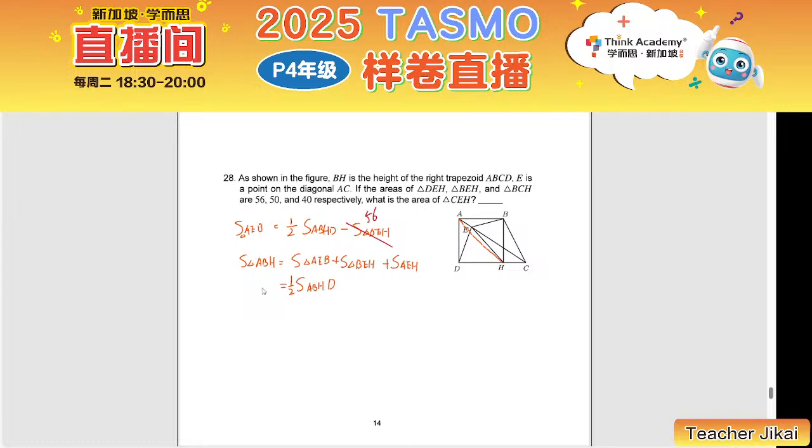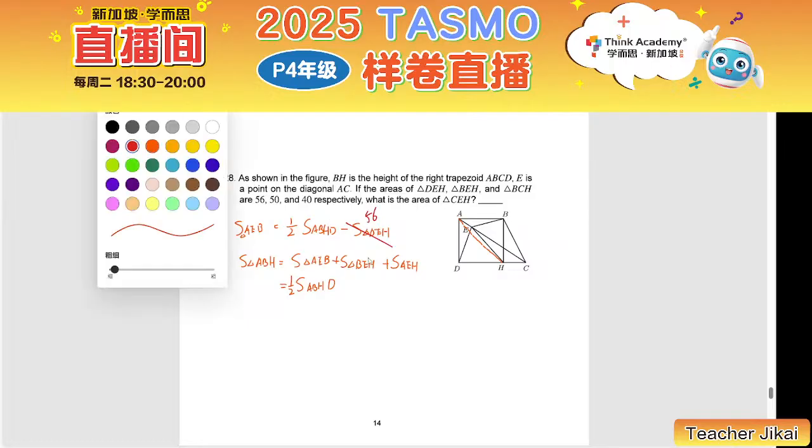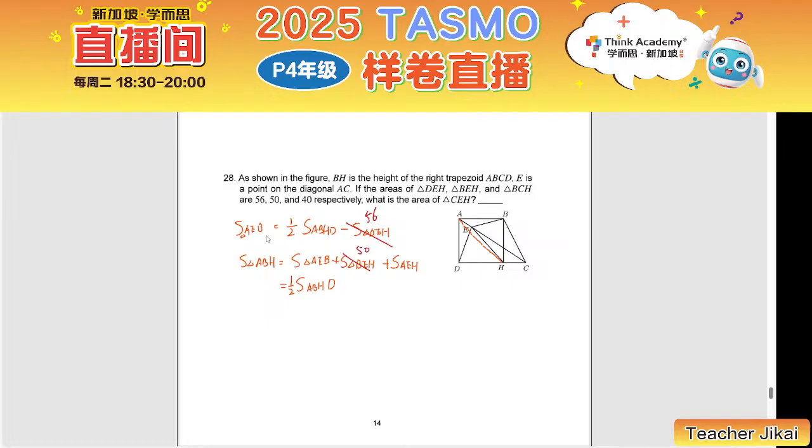So then we can make the formula, right? Because we know BEH, we also know the area here is 50. And AEB, we have already got it. So it is a half of the ABHD minus 56, which is for AEB, plus 50 plus the triangle AEH will give you a half of the ABHD. Right, this is it.